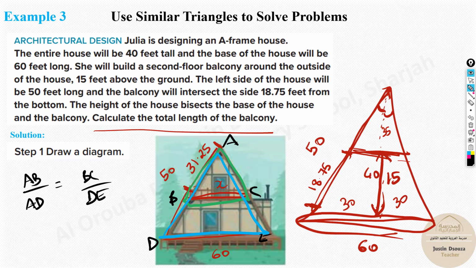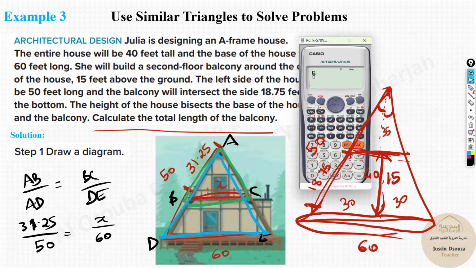Now substitute what you know. AB is 31.25. 31.25 divided by AD is what? 50 total length. That must be equal to BC is x divided by DE is 60. Now you can put this in calculator and solve, or you can directly try solving it manually. This 0 0 cancels and then you can simplify it easily.